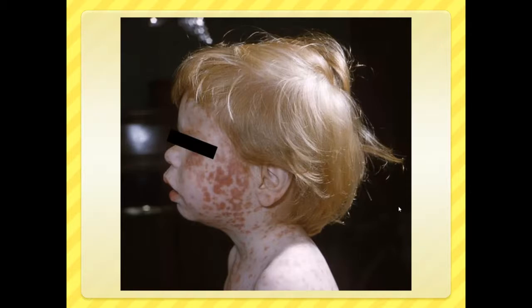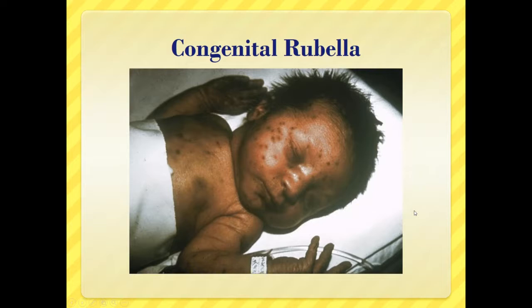So here is the rash associated with rubella. You can see that in some places it's a little bit more diffuse, but in some places it's a little bit more closely together, but it's more red, not quite as raised as the rash associated with measles. Here's a child that's been born with congenital rubella.